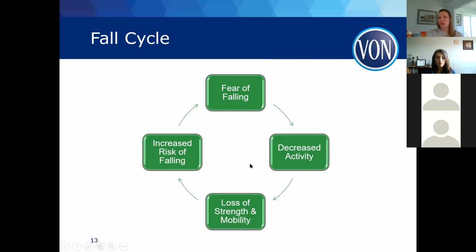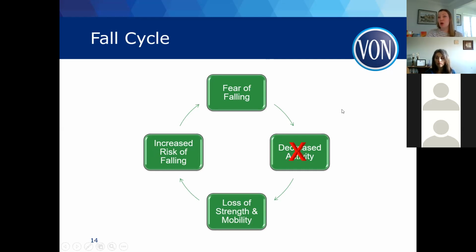So it's really important that we don't decrease our activity, right? We want to keep being active, keep doing as much as is safe to do of our day-to-day activities in order to keep that strength and mobility up. So with that being said, if there's a particularly risky activity they were doing before, perhaps, yes, maybe they want to avoid that. But in general, we don't want to decrease our activities.